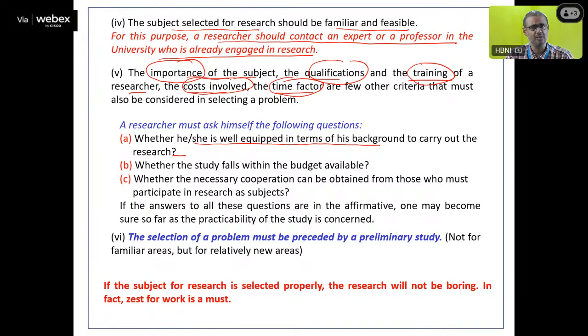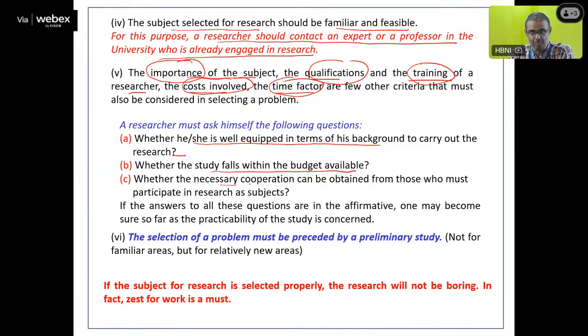Okay. Although I have seen people who have excelled in a completely different field. Okay. But it should have some commonality or some overlap with the background. Whether the study falls within the budget available, that you have to consider. Okay. You have an idea how much budget will be available. So whether my problem can be undertaken within that budget, or I can solve it, or I can collect the data within that budget.